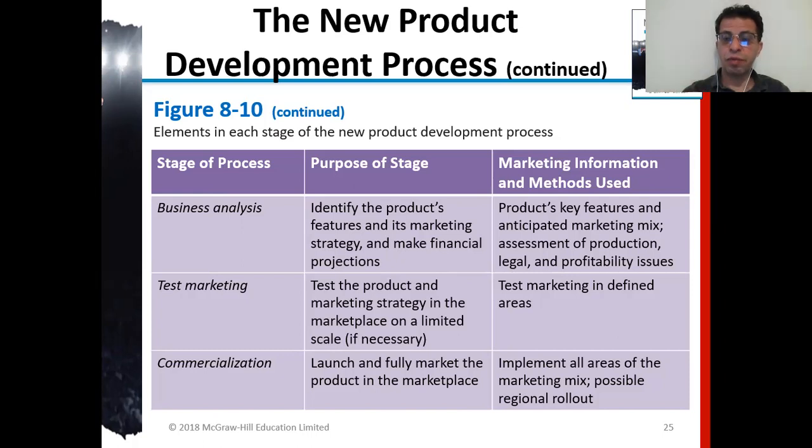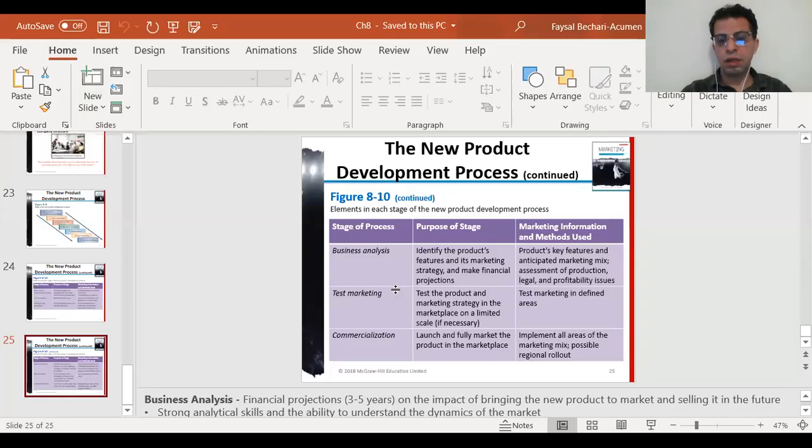Now you have information on what your product is, what your price is, what the promotion is, how you do it, and how you do the distribution. And possibly you do a regional rollout of the whole region. So that's the end of the chapter.